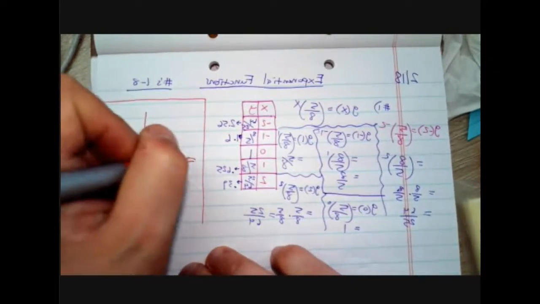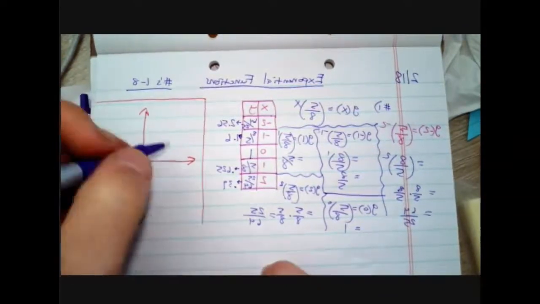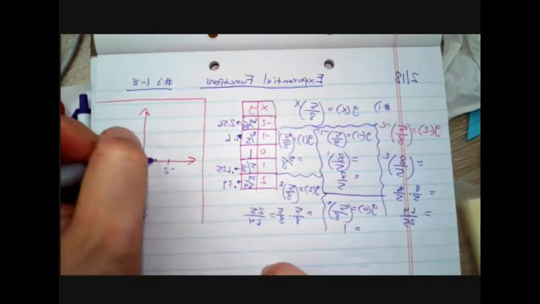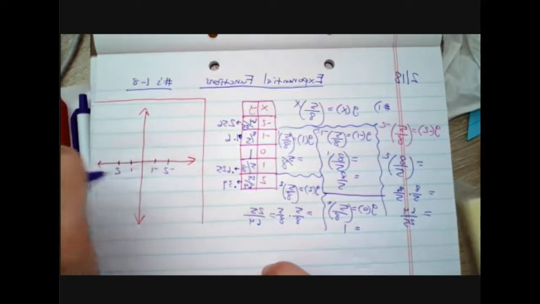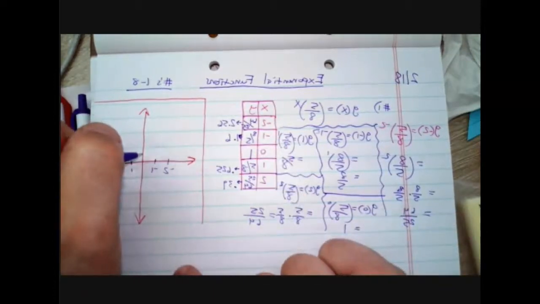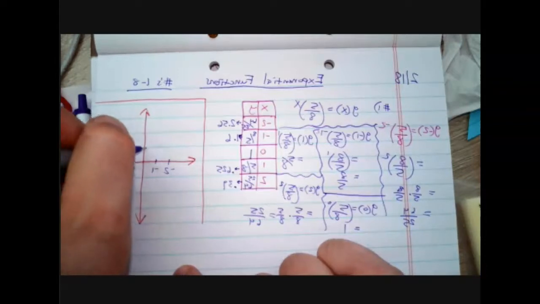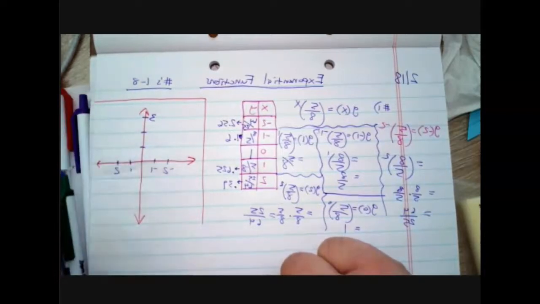Let's see how this turns out. I used -2, -1, 0, 1, and 2. Let me fix these outputs a little bit here. I'll go 1, 2, 3, since it doesn't go that high initially.